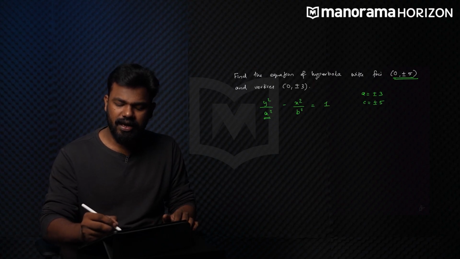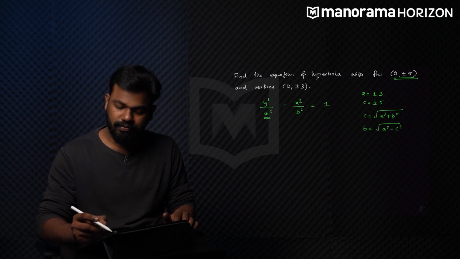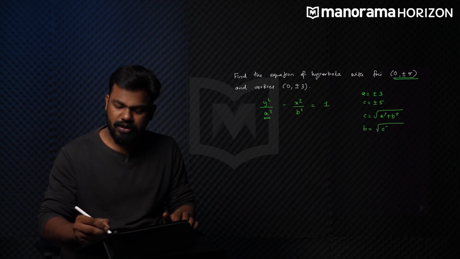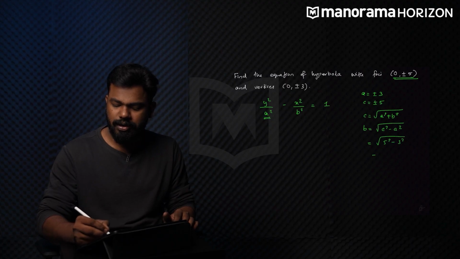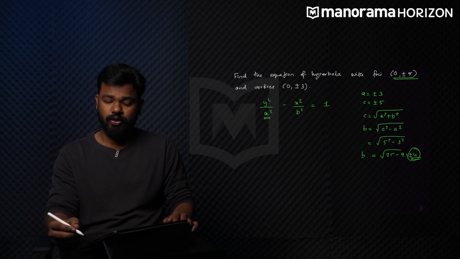You know that c is equal to root of a square plus b square, so b is equal to root of c square minus a square. That gives root of 5 square minus 3 square, which is root 25 minus 9, that is root 16. So the value of b is plus or minus 4.